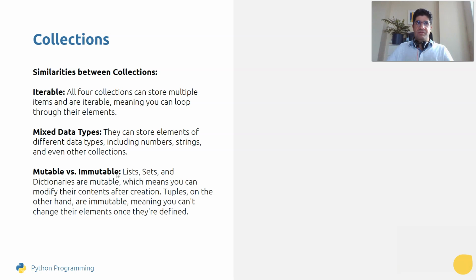Mutable or immutable. List, set, and dictionary are mutable, which means you can modify their content after creation. So when we create a list, for example, we can change the elements of the list, or a set, or a dictionary.